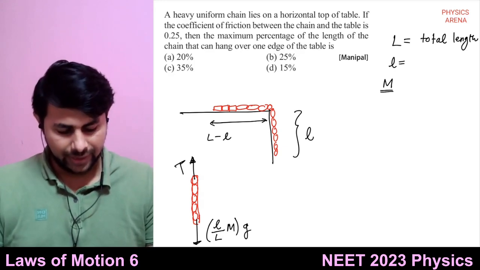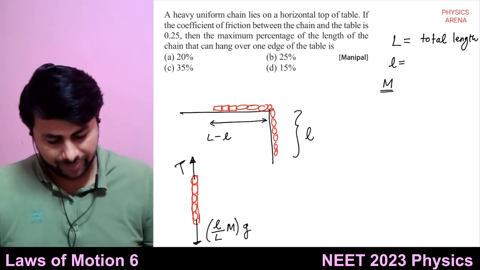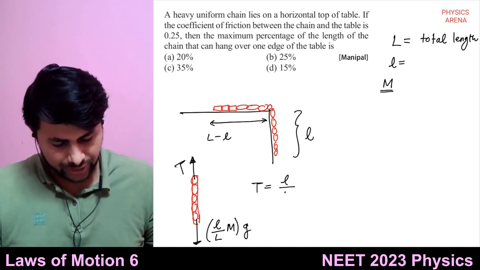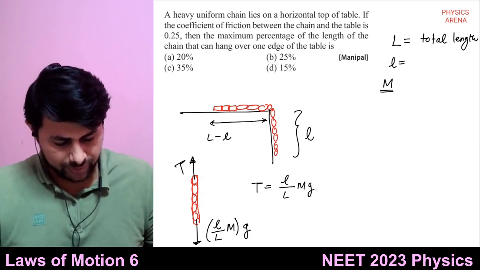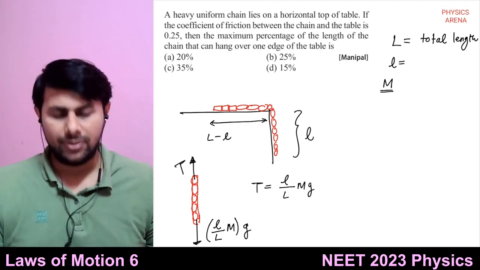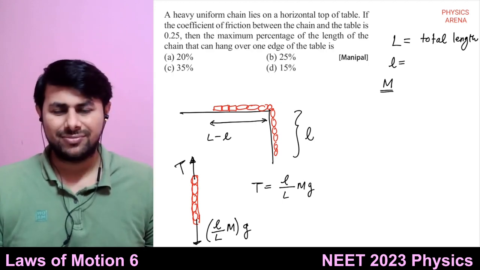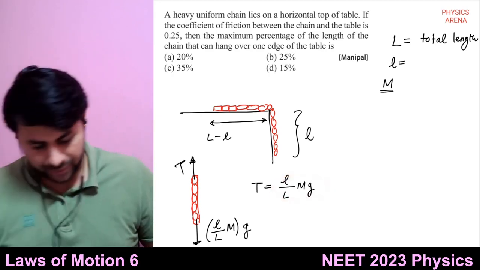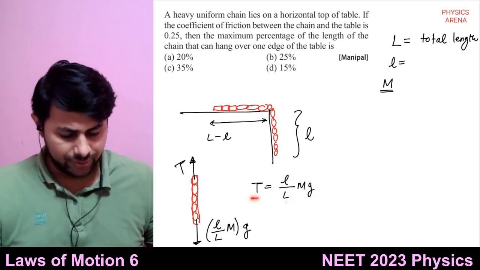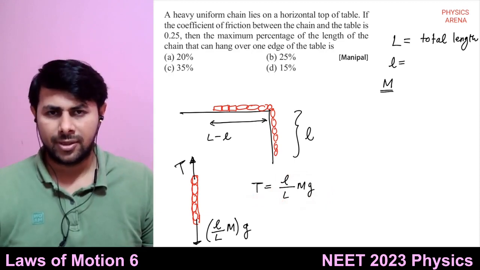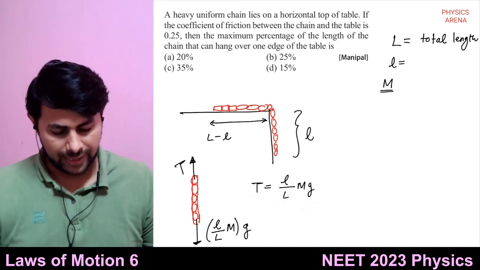If it doesn't fall, that means the tension is equal to its weight. So T is equal to l upon L multiplied by Mg, if it doesn't fall.